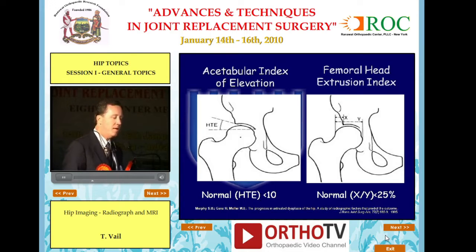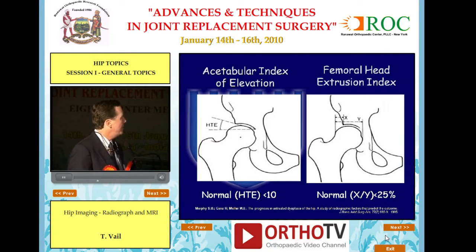There are a number of radiographic indices defined in the literature, which you will see referred to in discussions of hip templating and reconstruction of hips. The acetabular index, the index of elevation, is one of these, and you'll see a lot of these measurement angles that you would take off of a plain radiograph are used to define the amount of coverage of the femoral head within the acetabulum.